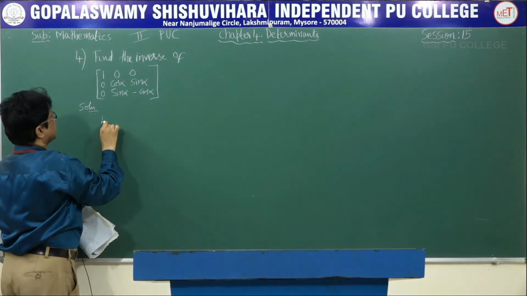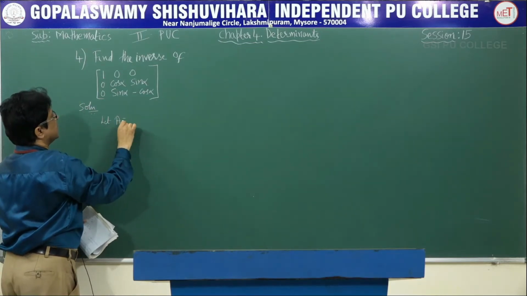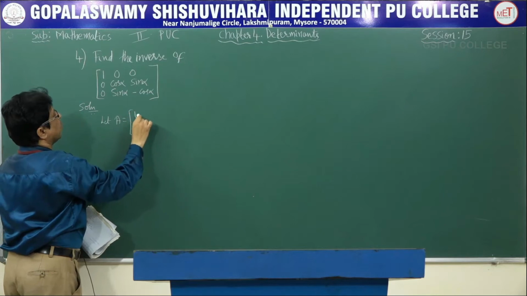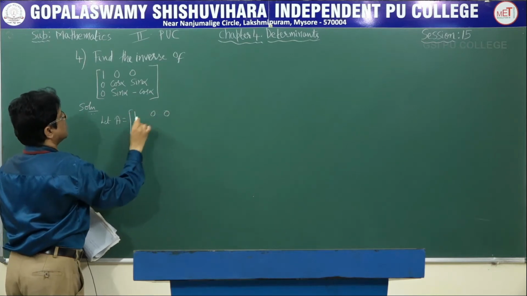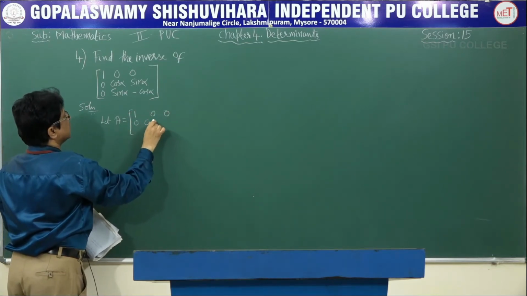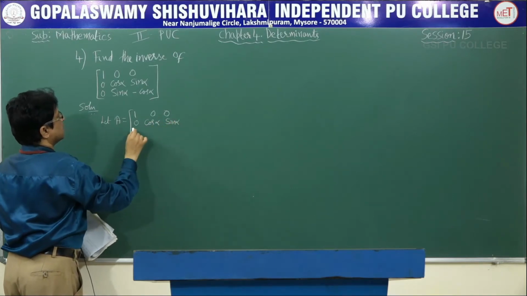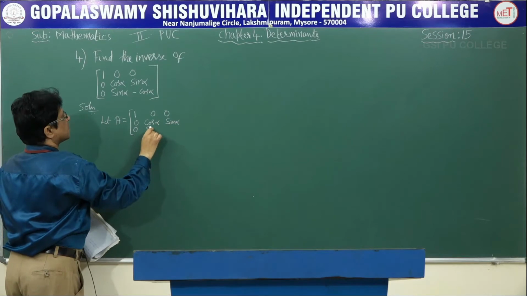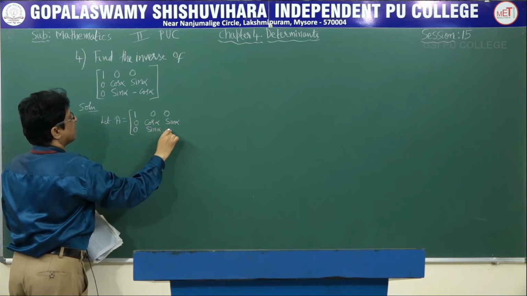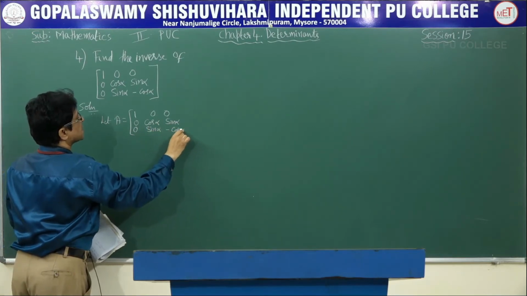Solution. Let A equals 1, 0, 0, 0, cos alpha, sin alpha, 0, sin alpha, minus cos alpha.